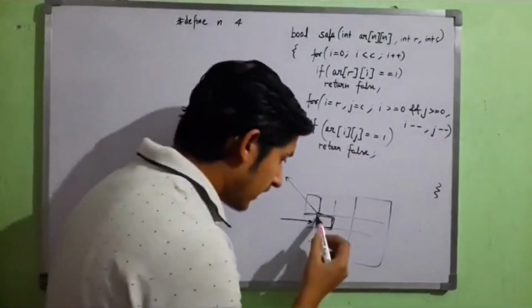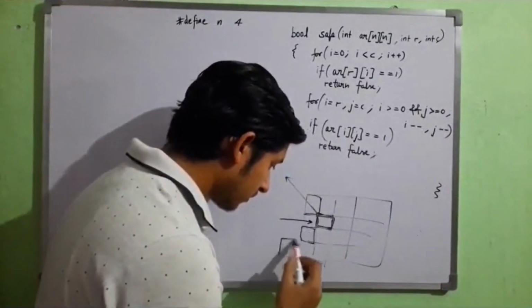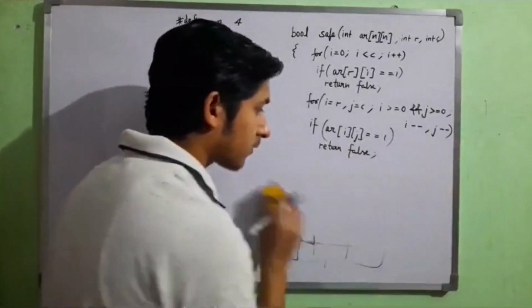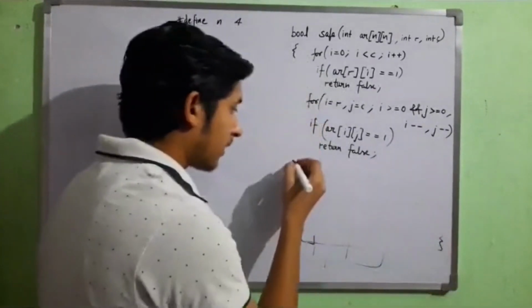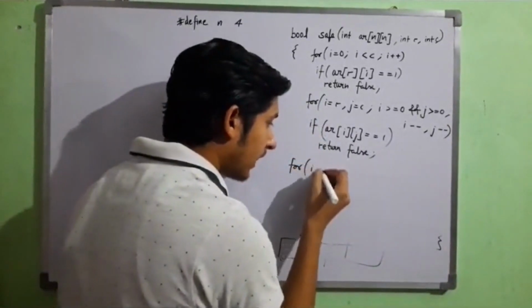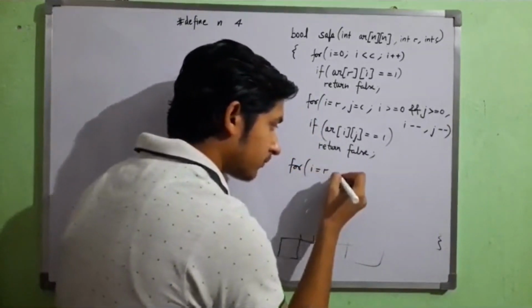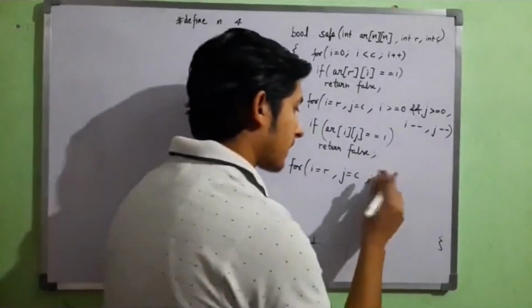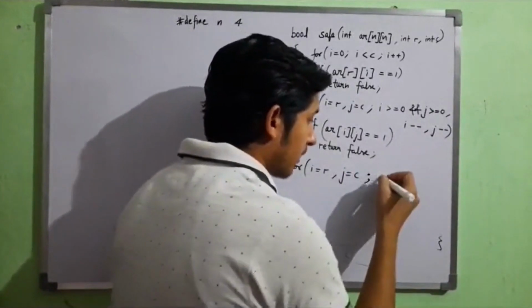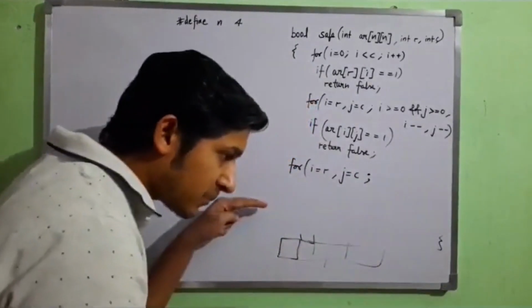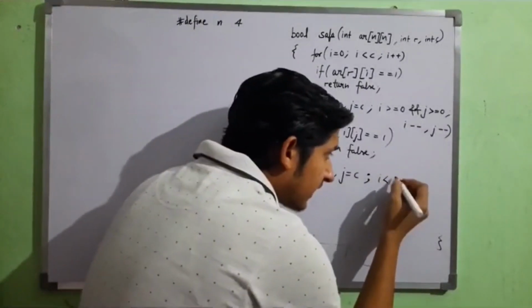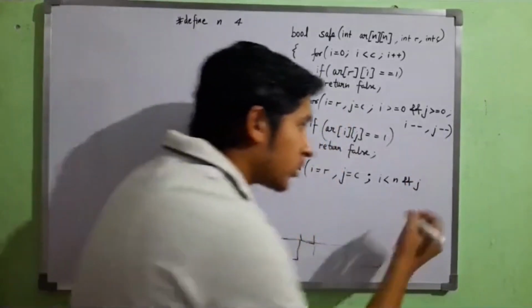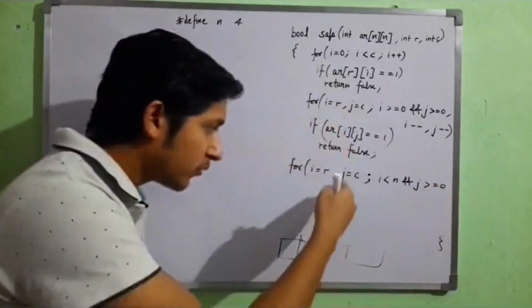Third case is I'll check these blocks. So for i equals row, j equals column, and because i is the number of row, so i should be less than n, and simultaneously j, the number of column, should be greater than or equal to 0 because I'm moving this diagonal.